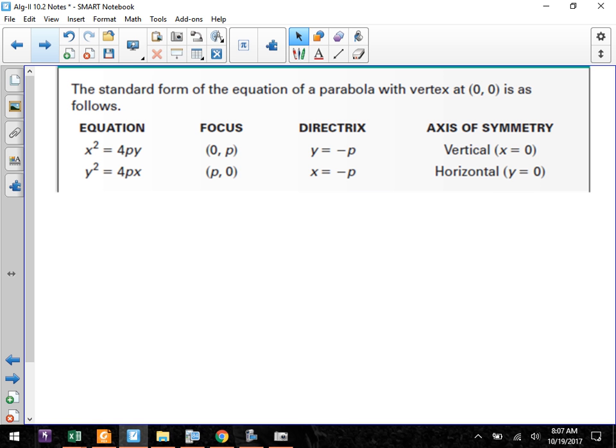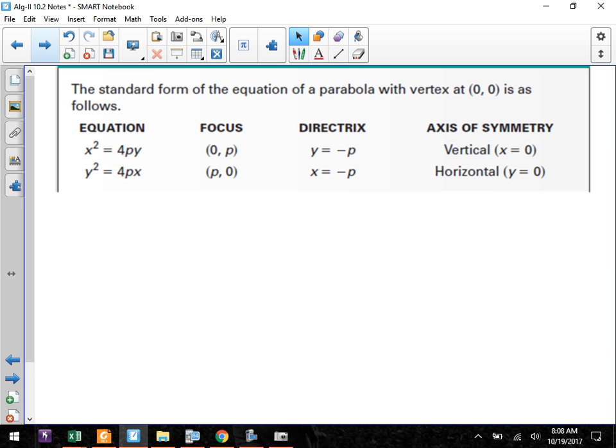One of the quick, easy things to remind yourself of is if it's up, you know it's positive. If it's down, it's negative. But you guys know that. That's not a crazy thing. For right now, since everything is centered at the origin, our focus is going to be at 0 and whatever your p value is for an x squared parabola.